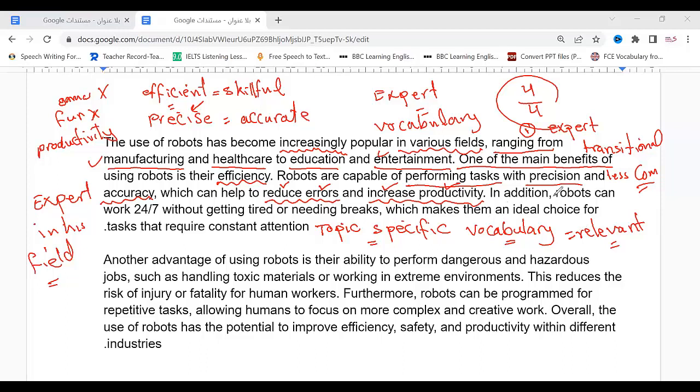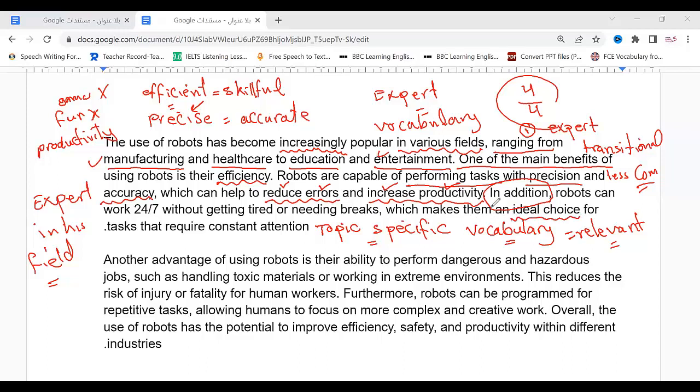In addition, this is also another organizational word, which is transitional, that makes the paragraph coherent and fluent. Robots can work 24 hours without getting tired or needing breaks, which makes them an ideal choice.